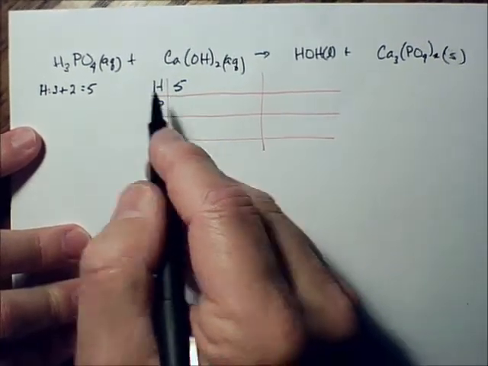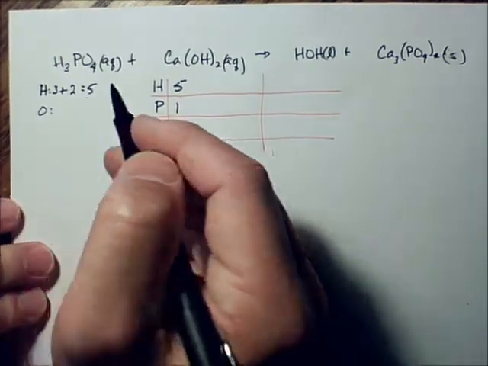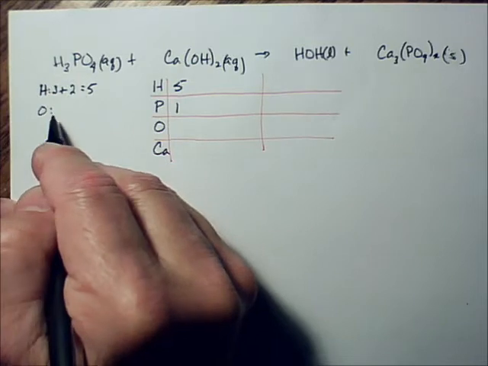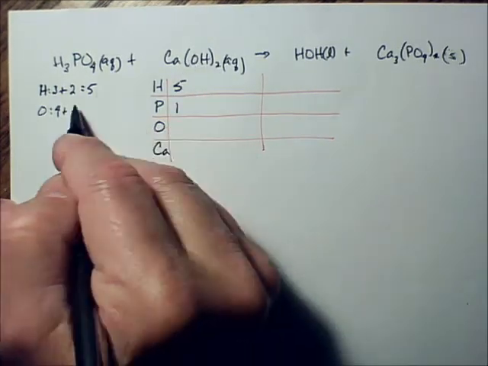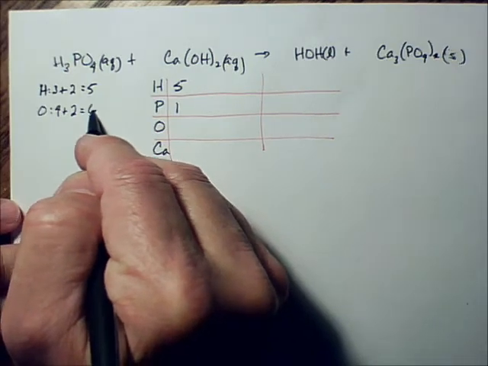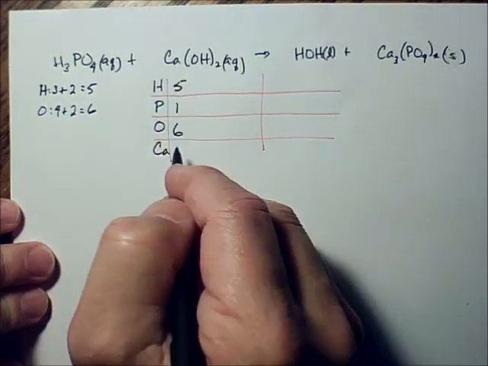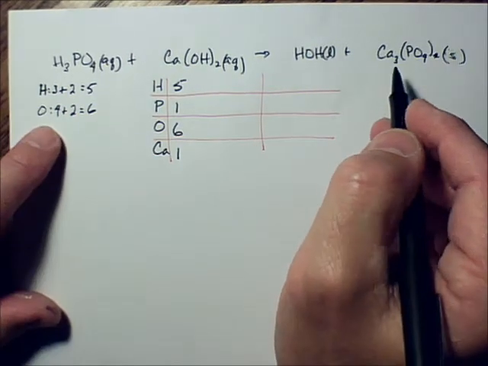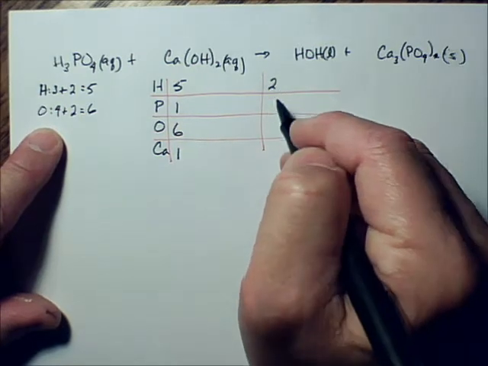Okay, I have 1 phosphorus, and oxygens are also one of those that can be hard to keep up with. I've got 4 here, plus 2 times everything inside, so I've got 2 here. So initially I have 6 oxygens, and I have 1 calcium. On the other side, I've got 2 hydrogens here, and that's all I have to start with.